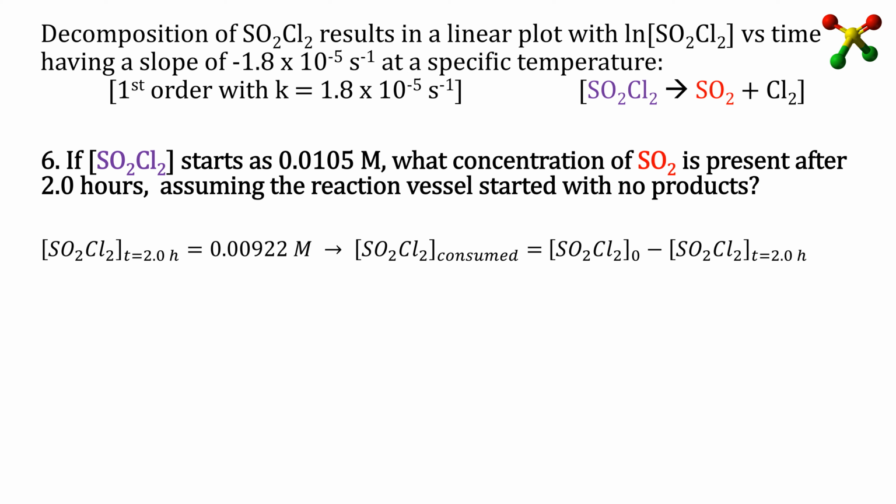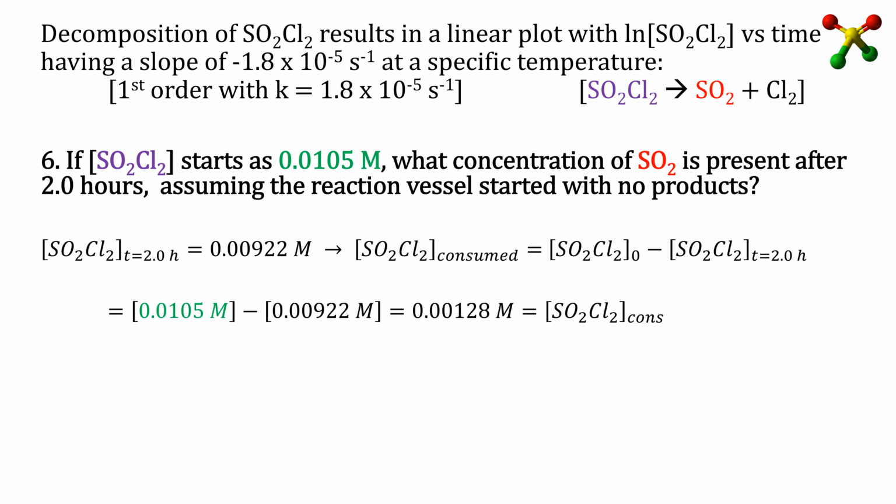I've added 1 digit beyond the 2 significant digits in order to prevent a rounding error in this calculation. I now recognize that the SO₂Cl₂ concentration that has been consumed over the course of 2 hours of reaction is equal to the initial concentration minus the concentration at 2 hours. When I plug in the initial concentration and subtract the concentration at 2 hours, I find that the quantity of SO₂Cl₂ consumed is 0.00128 molarity.